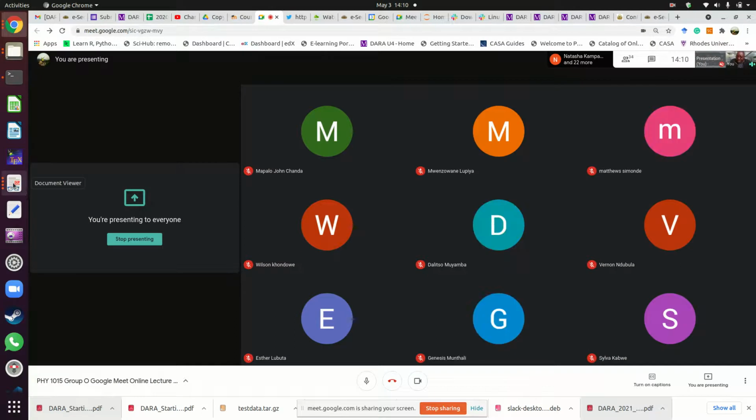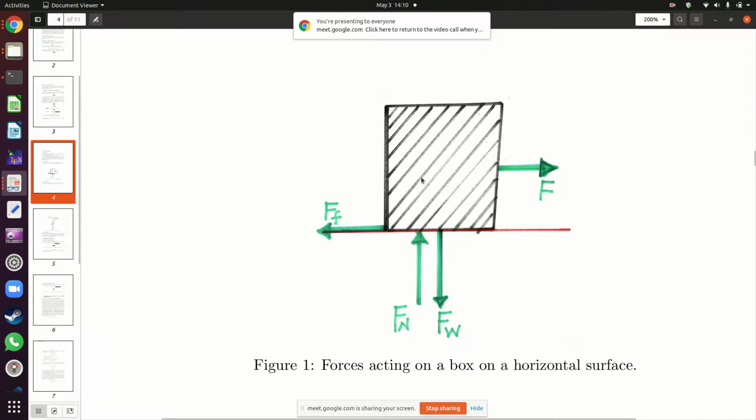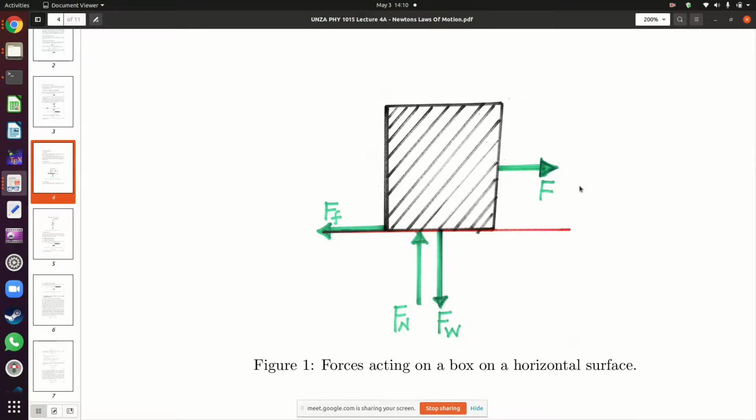Resultant means that we will add the forces acting along the horizontal, and we will add the forces acting along the vertical. Okay. So if we choose the direction in which the box is going to move to be our positive x-axis, it means that any force pointing in this direction is going to be a positive force.